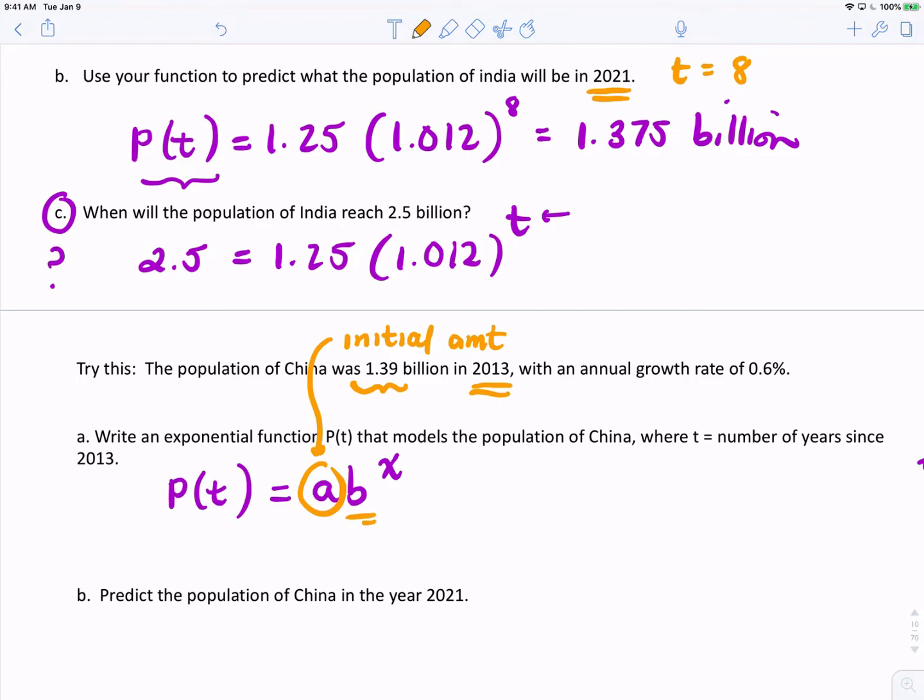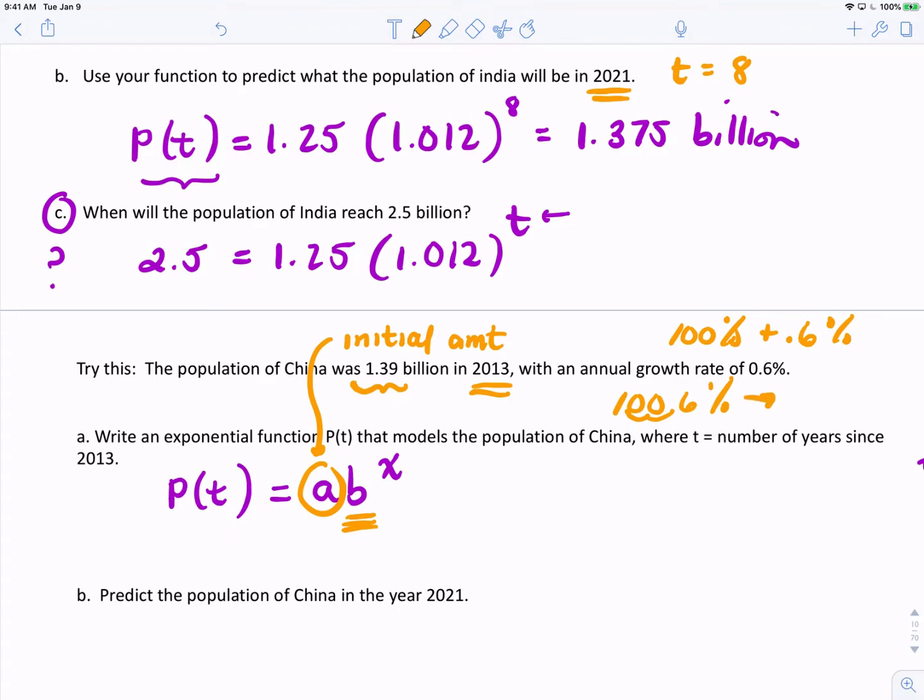And then you have to fill in a value for b. So if the growth rate is 0.6%, there will be 100% in the following year, plus an additional 0.6%, or in other words, 100.6%, which you can then change into a decimal in order to get your value for b.